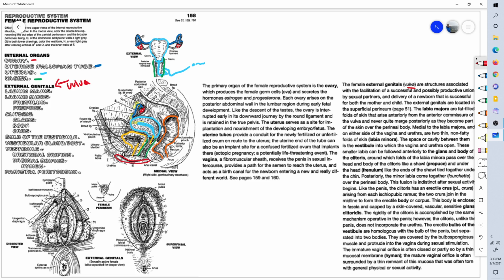And from the perineal view, the superficial view, the outer lip, the labia majora is made of a lot of fatty tissue, and starts from the anterior here and proceeds posterior, where it just sort of melds into the skin of the perineal region. The perineum is this region underneath, in between your legs.